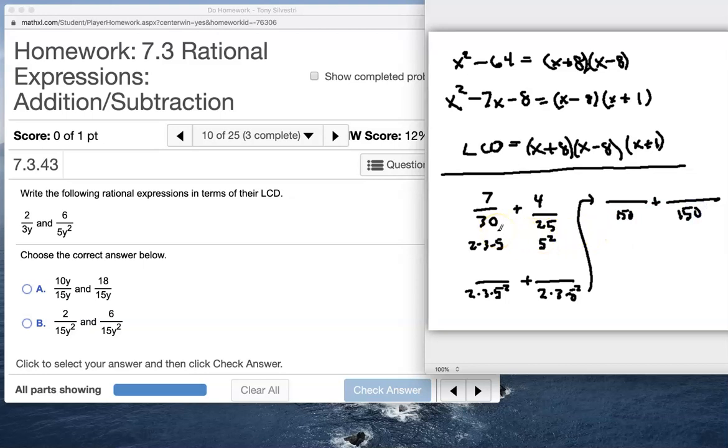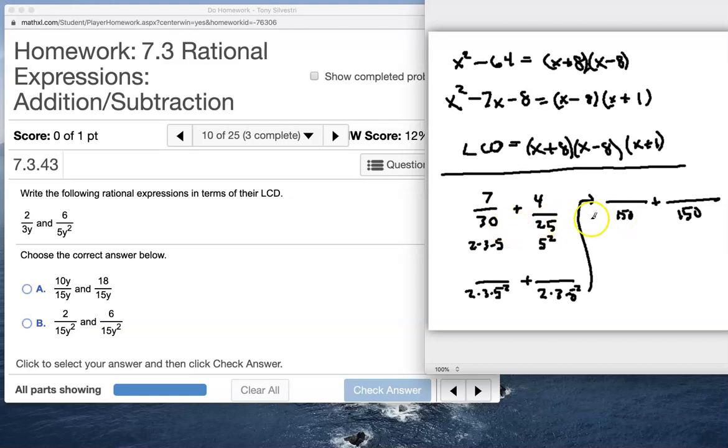Now what we want to do next is adjust the numerators. That's basically what they're asking for in this problem. Express these expressions in terms of the lowest common denominator. In this case, the lowest common denominator of these fractions is 150. You have to adjust the numerators. You can't just call them 7 and 4 because that's a different fraction. See, 30 goes into 150 5 times.